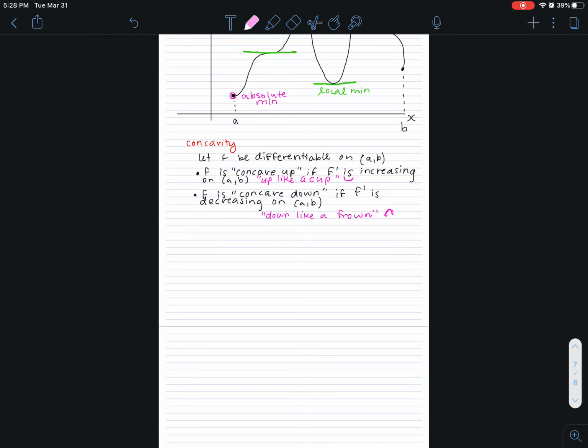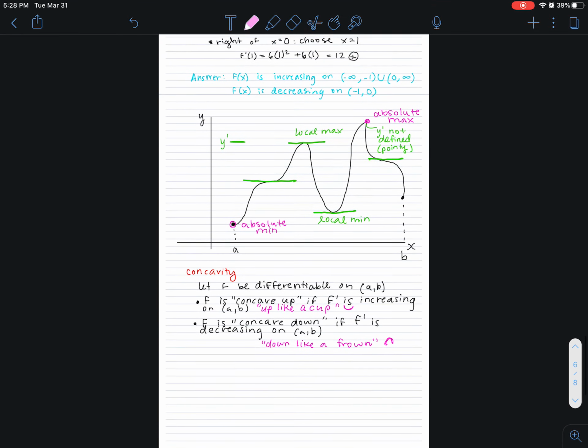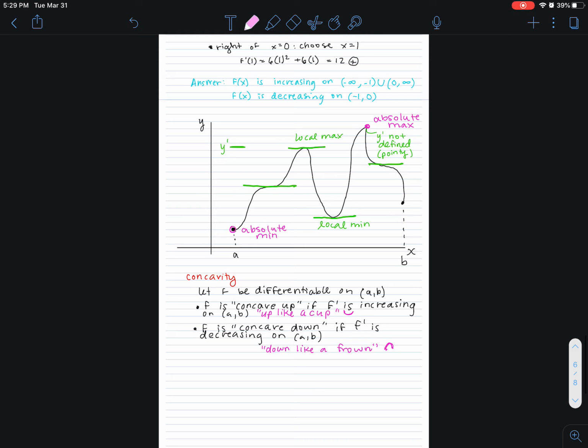But just to illustrate for you guys what this is saying and to label some points, we have a frown here, so instinctively that should be concave down. What's happening there is, if I were to draw in a bunch of little slopes, there's a slope, there's a slope, we know we have this slope, there's another slope, there's another slope. My slope first started out as very steeply positive, and then it was still positive, but less so, right?